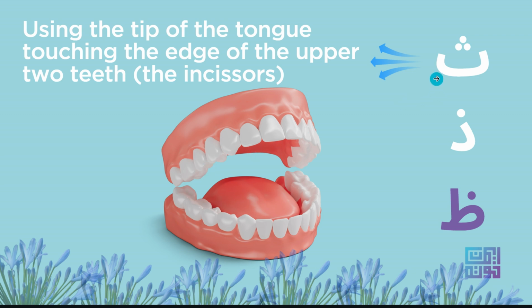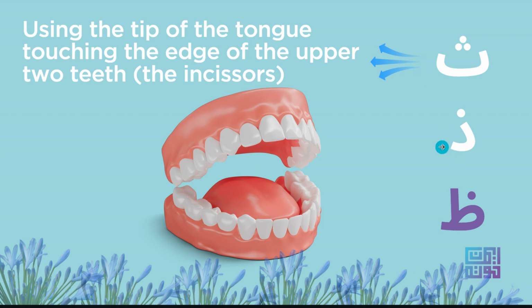So here we say tha, allowing the air to flow, while in the letter dhal, there's no air flowing, although it is pronounced in exactly the same way, but the closure of the tip of the tongue against the edge is far more than in the tha.